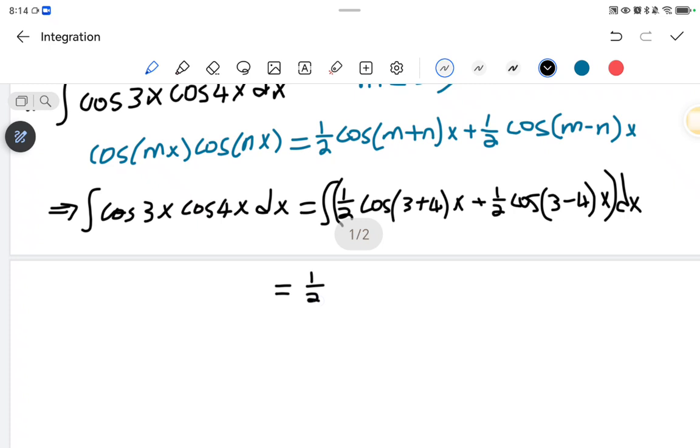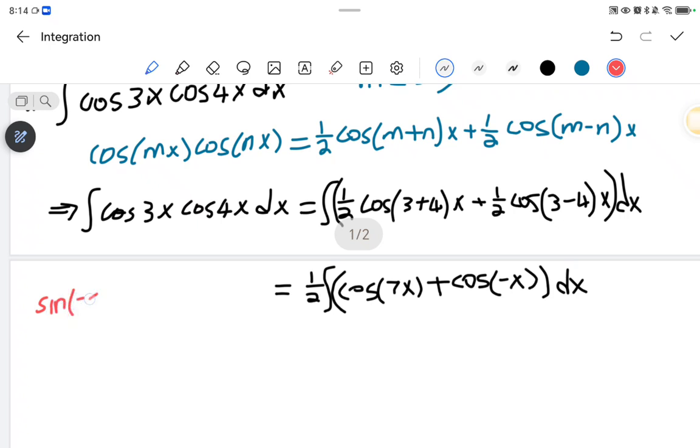This will be 1 over 2, I take out the constant, have the integral of cos of 7x plus cos of minus x dx. And we know, I've said it, that sine of minus x is also minus sine x, and also I've said it that cos of minus x is equal to positive cos x.